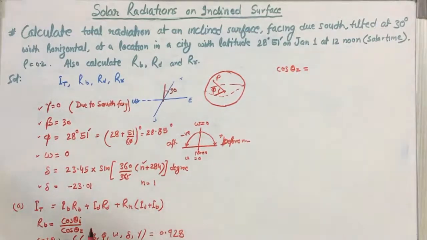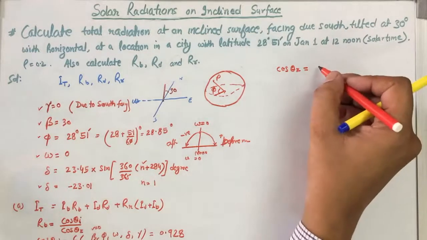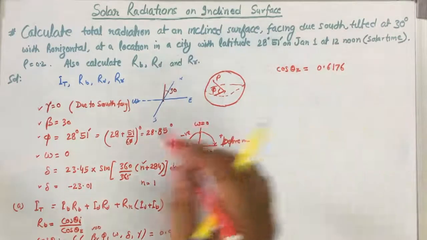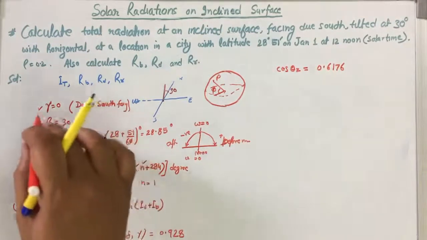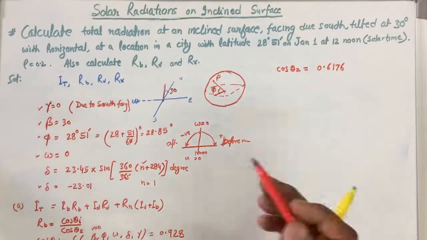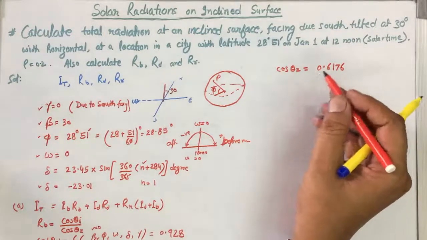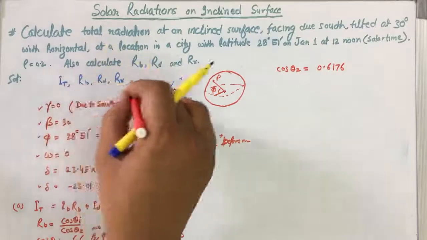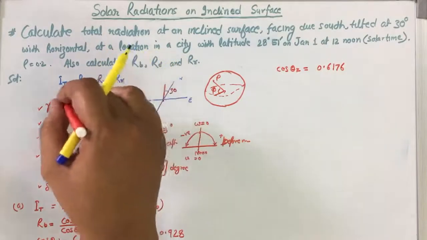For that cos theta Z, I explained that beta will be equal to 0 and many things will remain as they are. So cos theta Z can be equal to 0.6176 after knowing all these parameters. So in this way, we know cos theta I, we know cos theta Z. These terms are required first, so please find these terms, then we can come to IT.